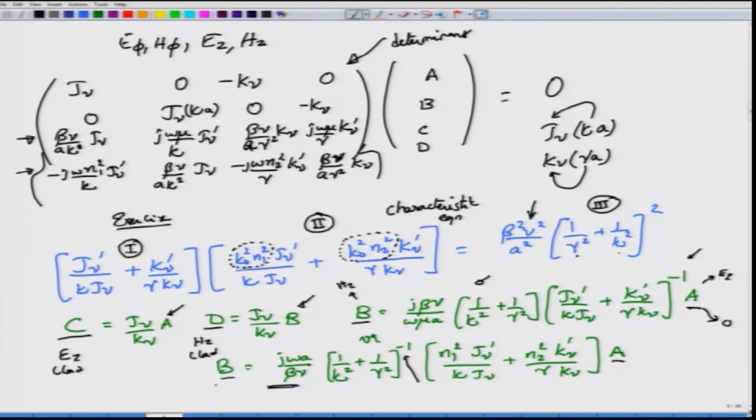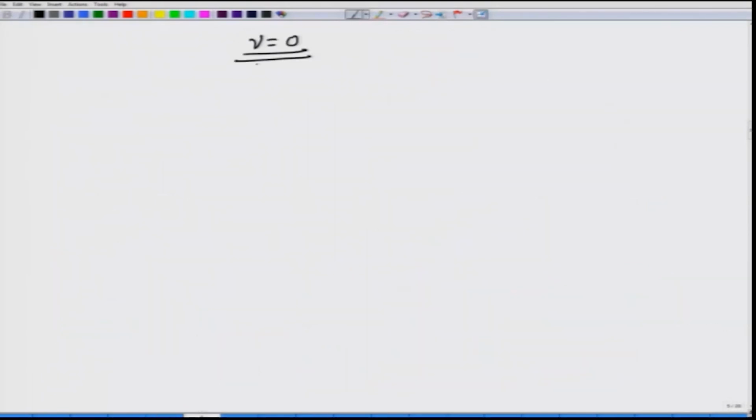So, when nu equal to 0 you have, as I told you, one term, that is term 1, can be 0 or term 2 can be 0. If term 1 is 0, then it also necessarily means that A equal to 0, but A equal to 0 also means C equal to 0, but we remember that A and C are the amplitudes of Ez.